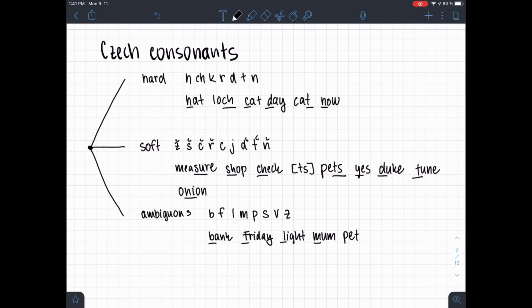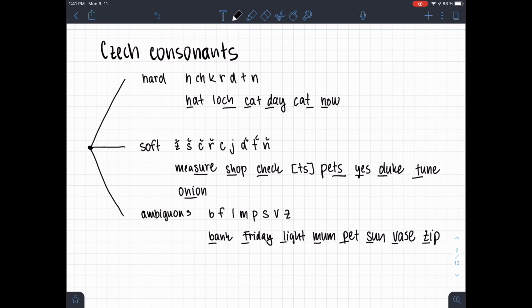P in English is aspirated, but in Czech it's p, non-aspirated. P. S you can find in a word sun. V in a word vase, and Z in a word zip, zip.